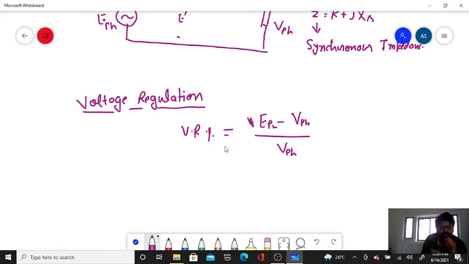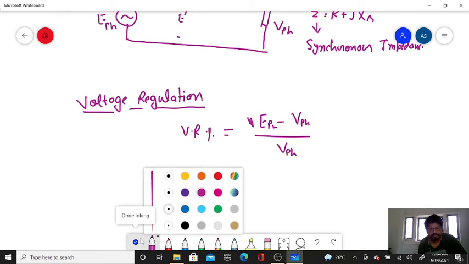Let's derive some expression for EPH for different loading, then we'll discuss the methods to determine the voltage regulation. That is one of the important topics.